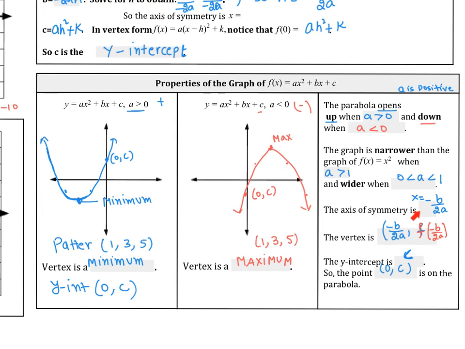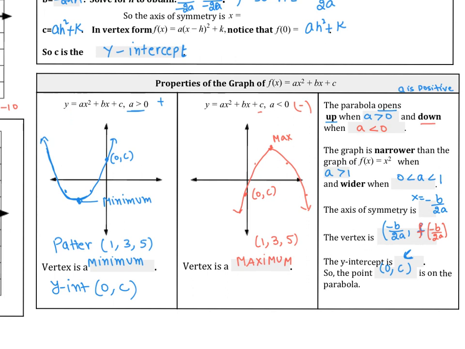The axis of symmetry is x = negative b over 2a. Remember, the axis of symmetry was x = h. Now the h value is negative b over 2a, so x is negative b over 2a. The vertex is this point, which is negative b over 2a, and to find the y-coordinate, you use this x value and plug it into the function.